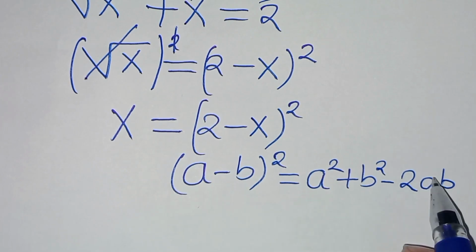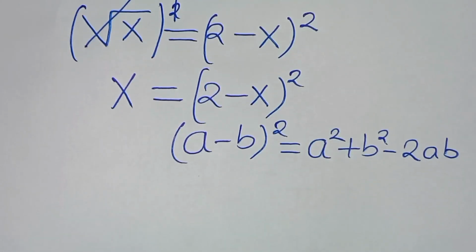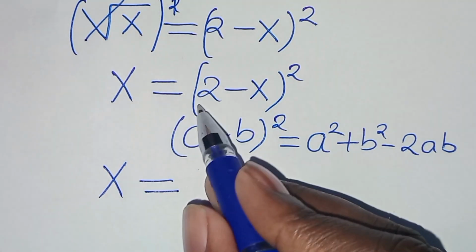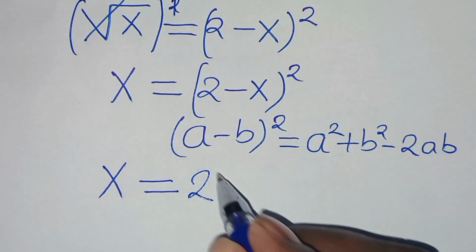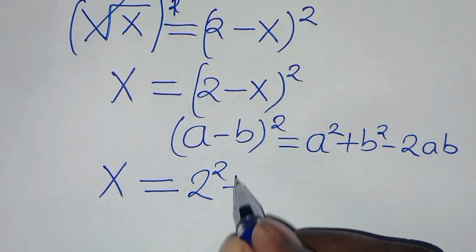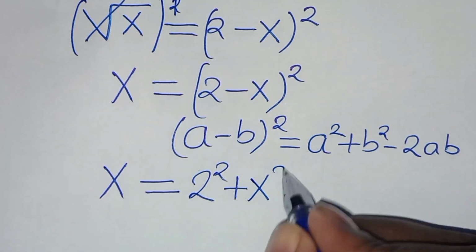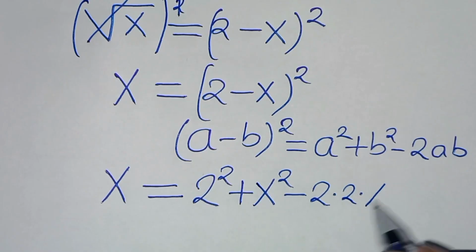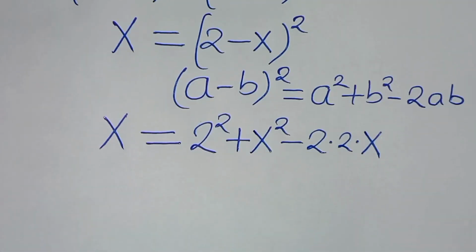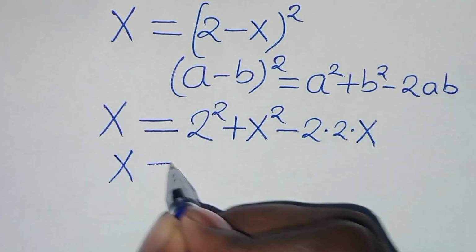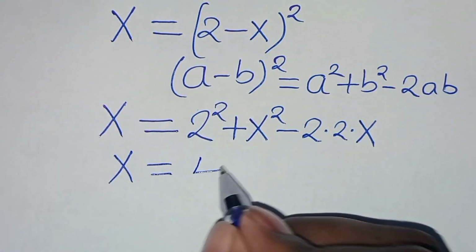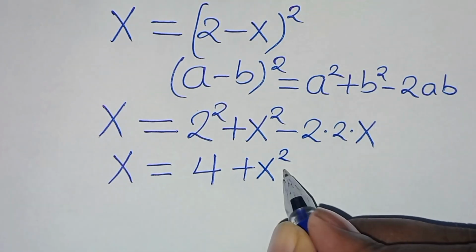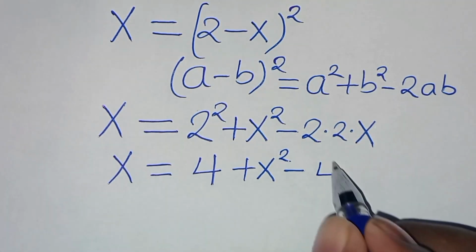Applying this algebraic identity, we have x is equal to 2 squared plus x squared, then subtract 2 times 2 times x. So x is equal to 4 plus x squared minus 4x.